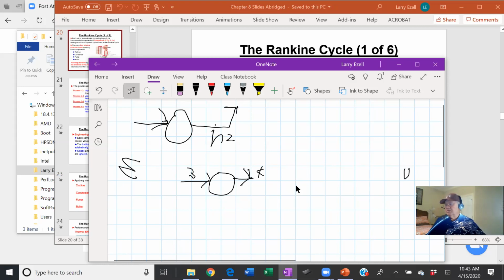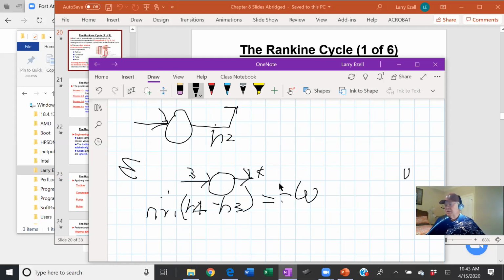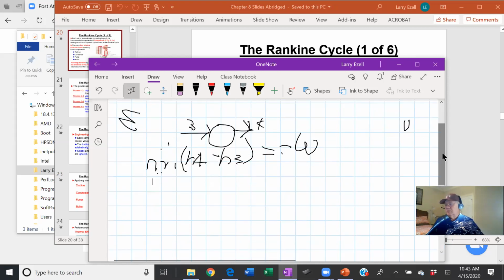And if we write the equation, we have m dot. Now coming out is 4, so h4 minus h3 equals Q minus W. We'll just put the minus W because we know Q is 0. Then if we solve, like he does, for W over m, that's work per mass.